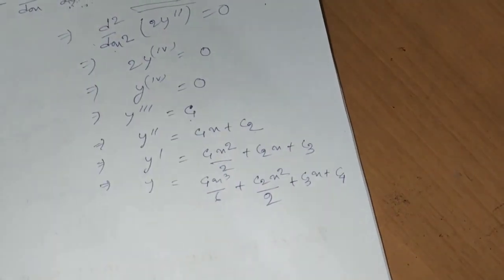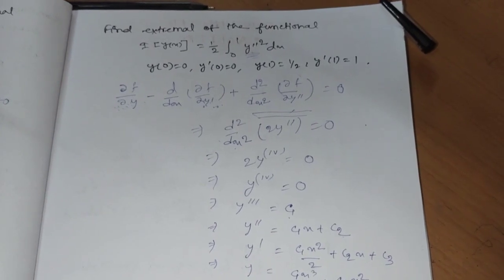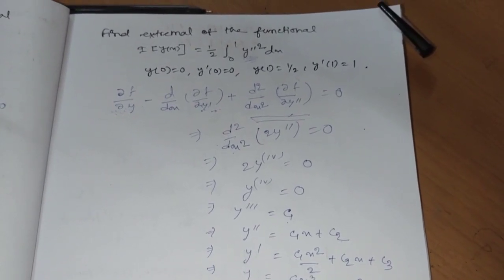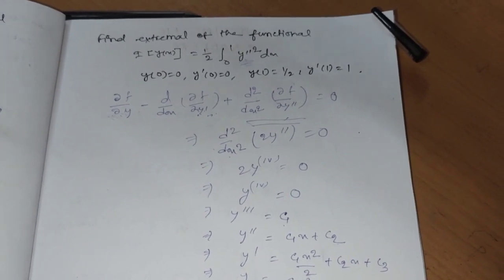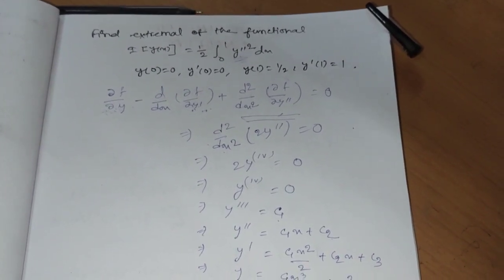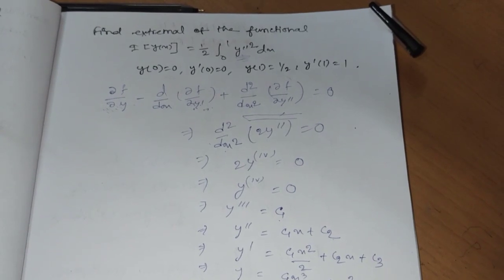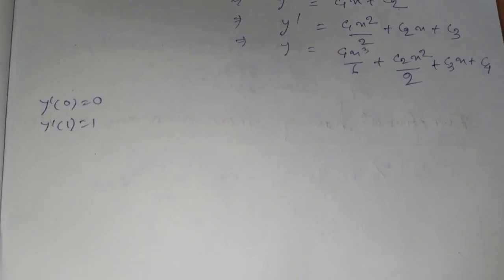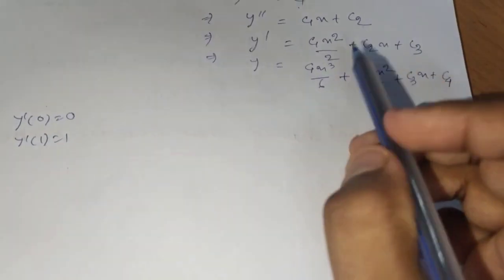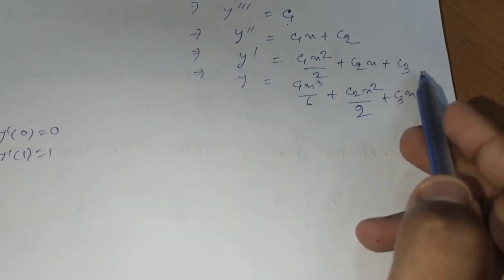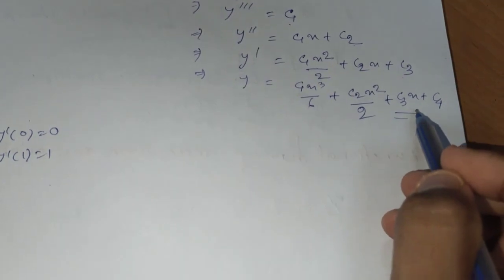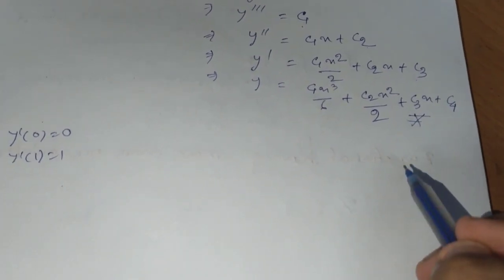Okay, now we will use the boundary conditions, that is y0 equal to 0, y1 equal to half, y dash 0 is 0 and y dash 1 is 1. y dash 0 equal to 0 gives that c3 will be 0.